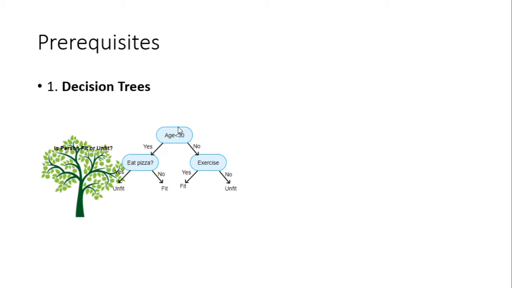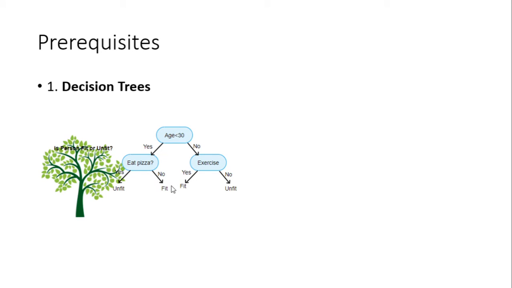In each node of this tree, we can see different decisions, different conditions, or in layman's language, specific questions, right? Let's say we have some person A or some person XYZ. If his age is less than 30, then from the first node, we will go to the left side, which is eat pizza. Then if this person does not eat pizza, then we can classify him as fit.